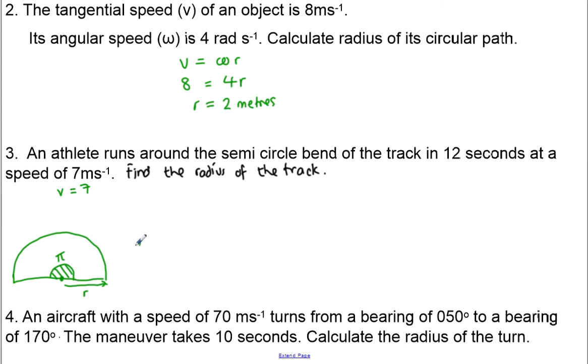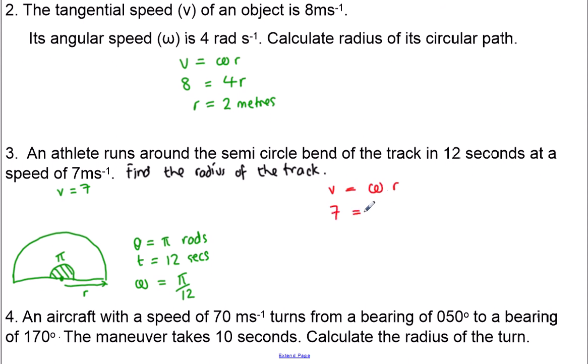So theta is pi rads, and she did that in 12 seconds. So to work out omega, we need to do theta over t. So omega is pi divided by 12. She turned pi radians, it took 12 seconds, so to work out her angular speed in radians per second, we divide by 12. Now we can use the formula v equals omega r.